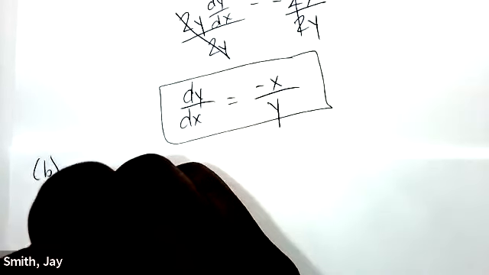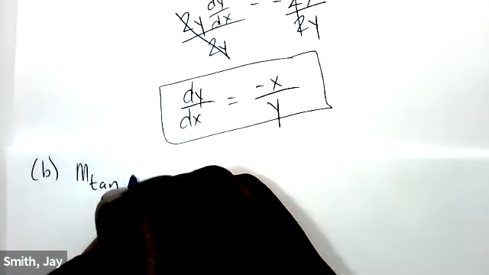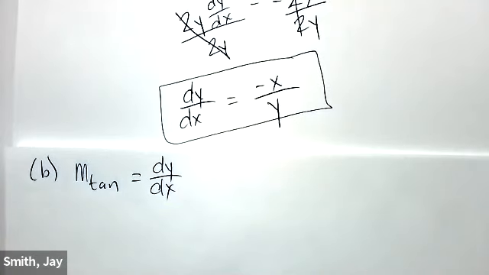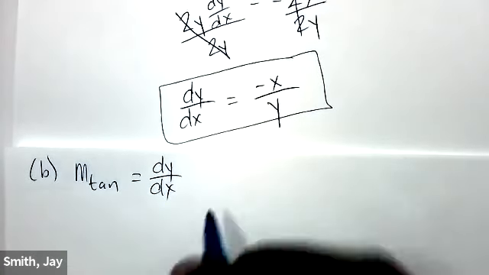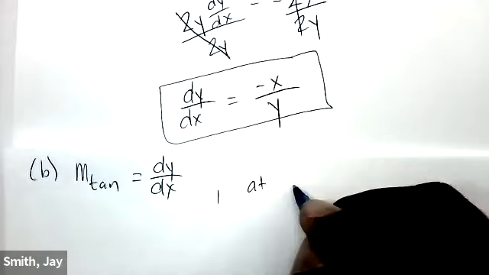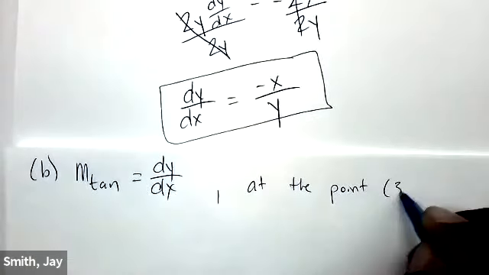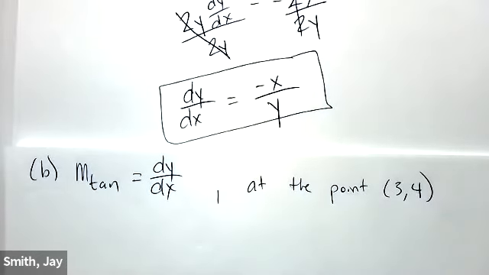So one, remember that the slope of the tangent line, or m tan, and dy dx, the derivative with respect to x, are the same. They are equal to each other. But we're looking for this at the point 3, 4.